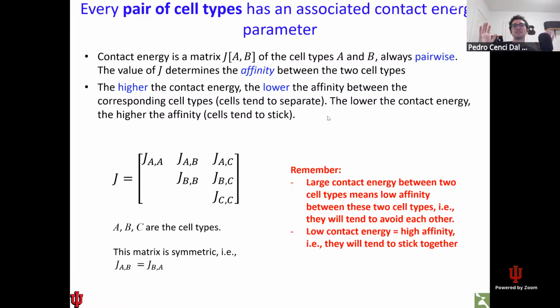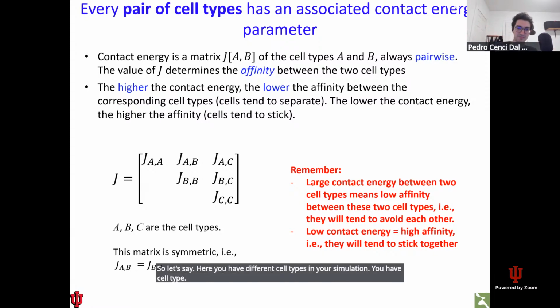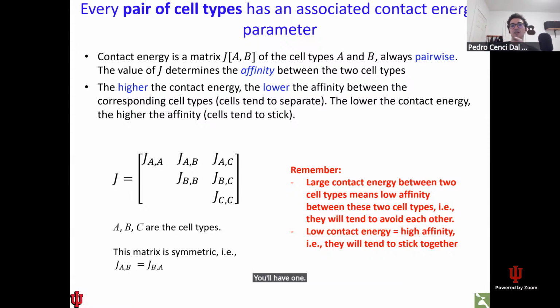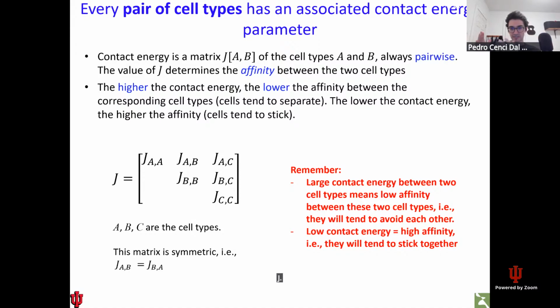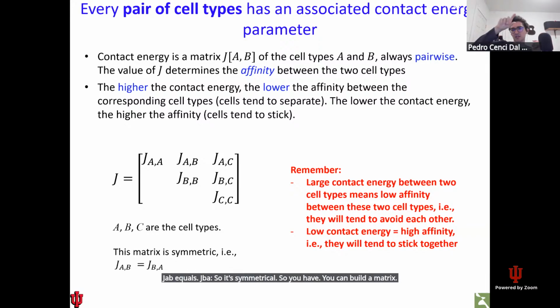So let's say you have different cell types in your simulation: cell type A, cell type B, cell type C. You have one J for each pair. So you have a J for A with A, a J for A with B, and a J for A with C. JAB equals JBA, so it's symmetrical. So you can build a matrix with only the top values above the diagonal.